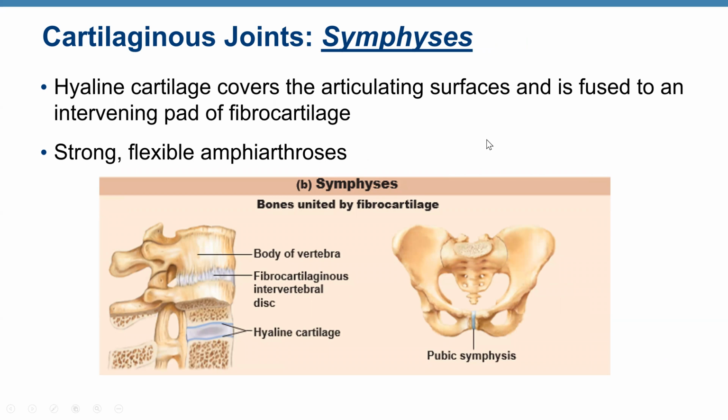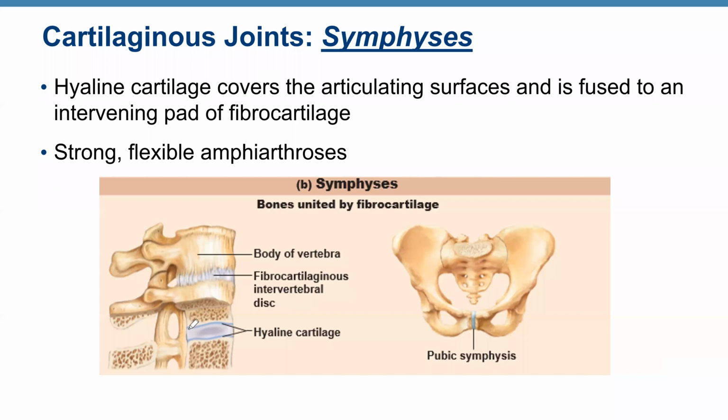Then we have the cartilaginous joint symphysis. Hyaline cartilage covers the articulating surfaces and it's fused to an intervening pad of fibrocartilage. So in the symphysis, we will have fibrocartilage involved, right? Not just hyaline cartilage. We might have some hyaline cartilage because it will cover the surfaces of the bone, but the bones will be connected by fibrocartilage.